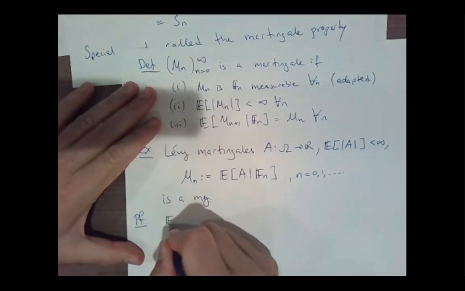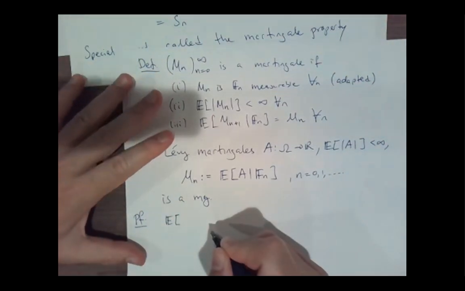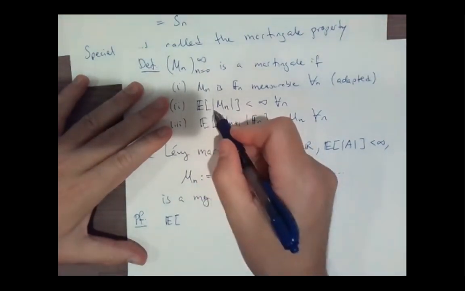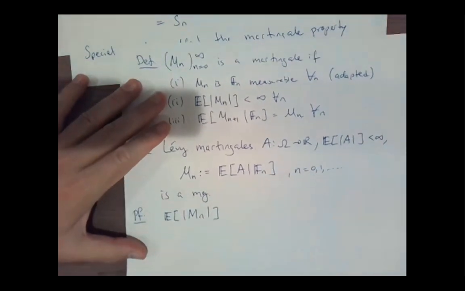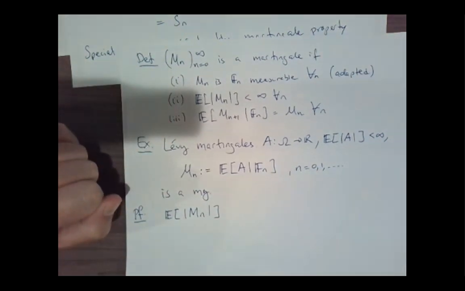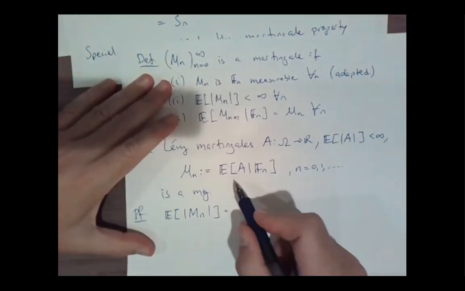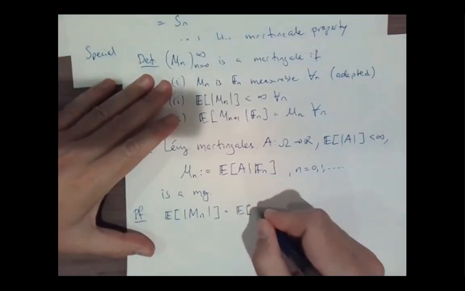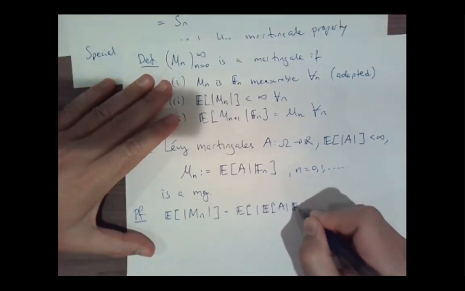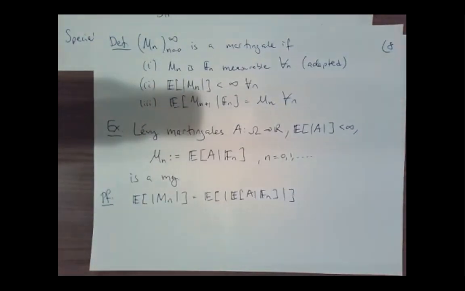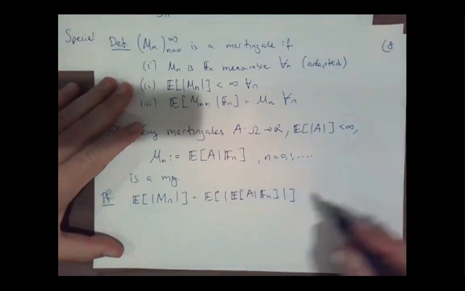So if I look at the conditional expectation, I need to look at the absolute value of Mn, and I need to prove that this is finite. The first thing I can do is take the absolute value of the conditional expectation. So then what do we need to do?